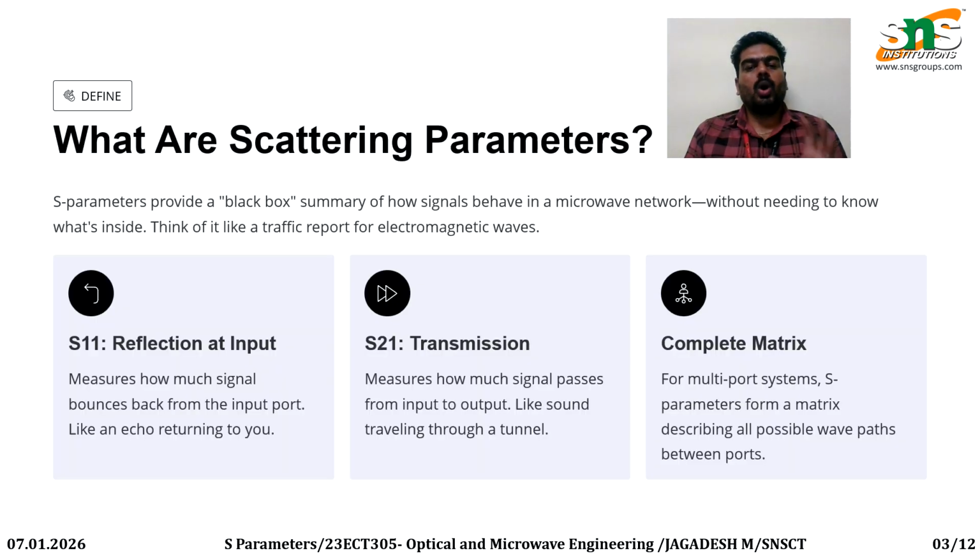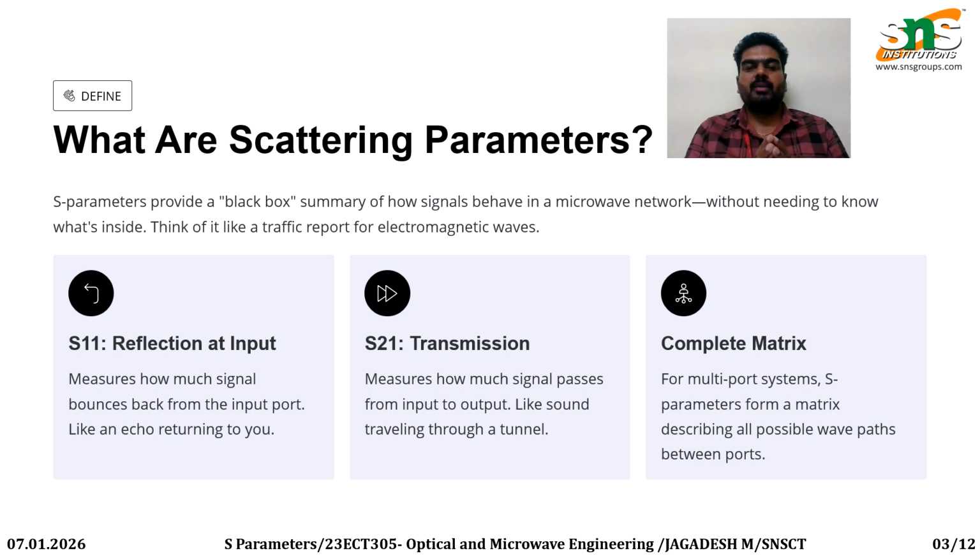And what are scattering parameters? S parameters provide a black box summary of how signals behave in a microwave network, which has active components as well as passive components. From the S parameters, we are going to study the S parameter and S matrix properties. Scattering means transmission, reflection, refraction, and diffraction all together.